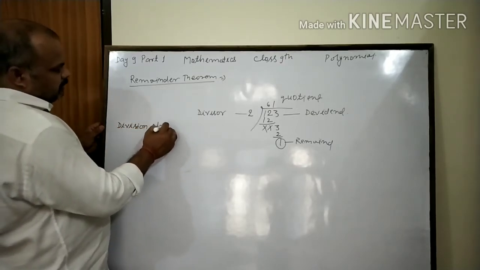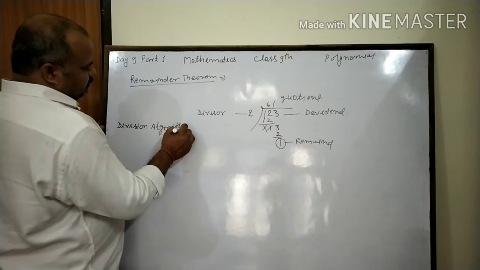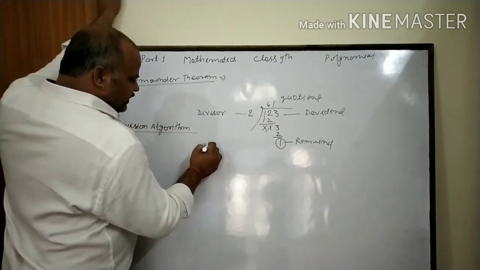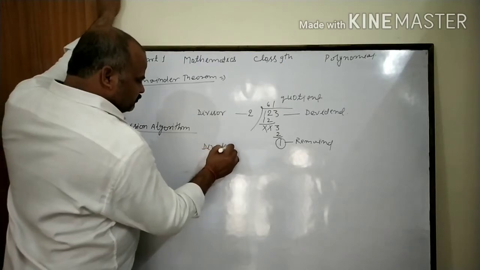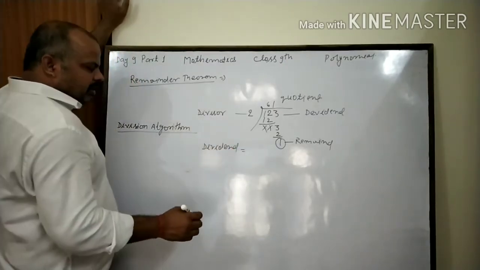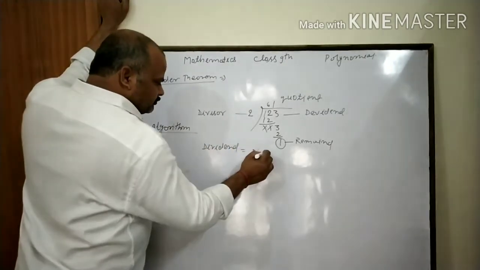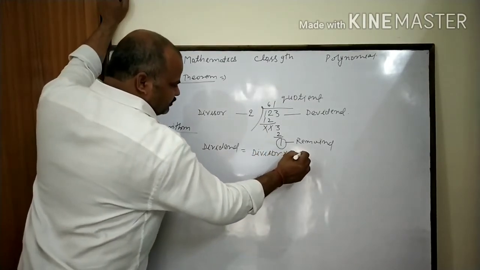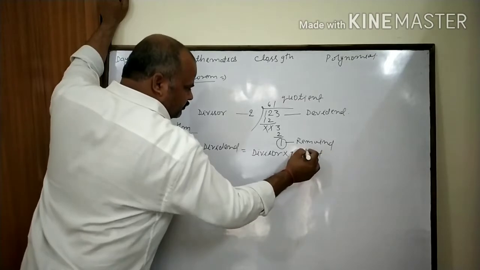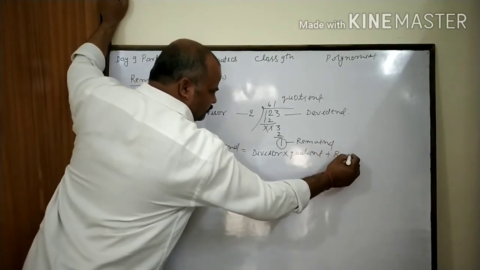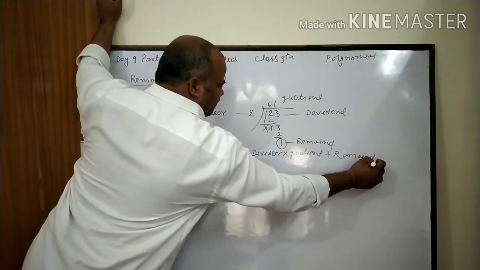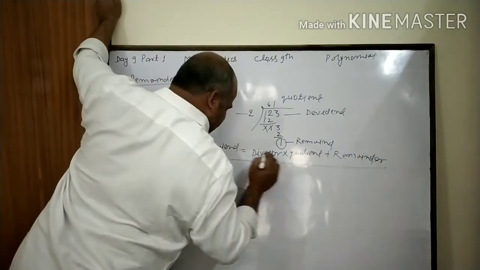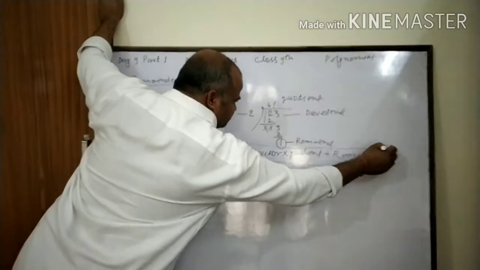Division algorithm: dividend is equal to divisor into quotient plus remainder. When you are in the 10th class, you will discuss the other name, clear?